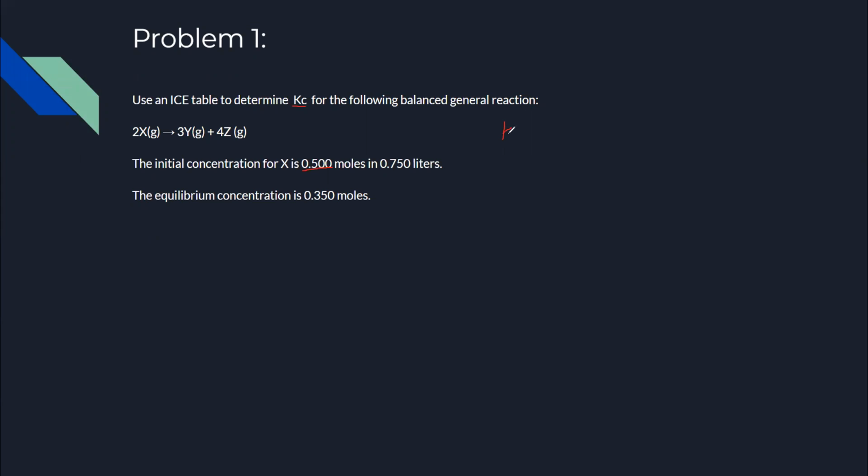So Kc has to equal the concentration of y cubed, times z to the fourth, over x squared.